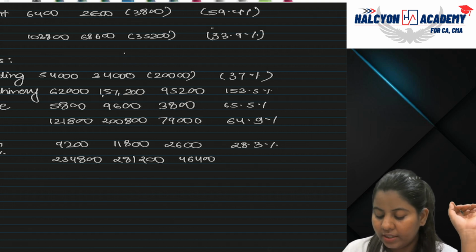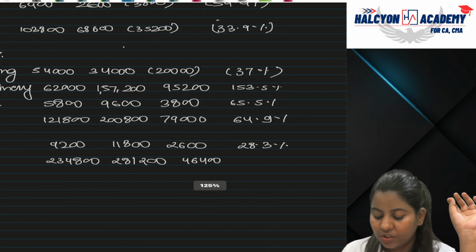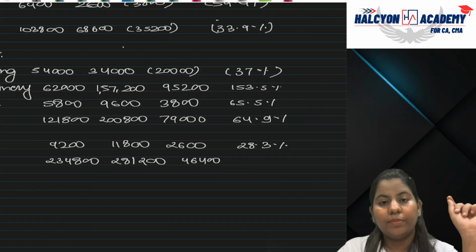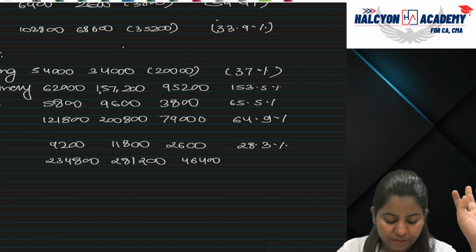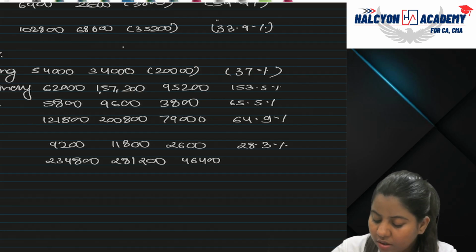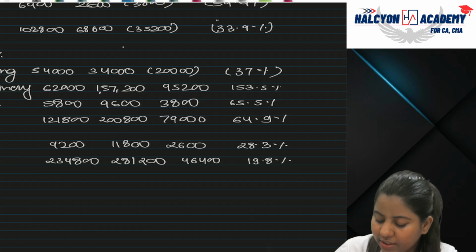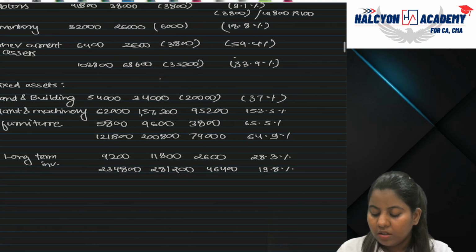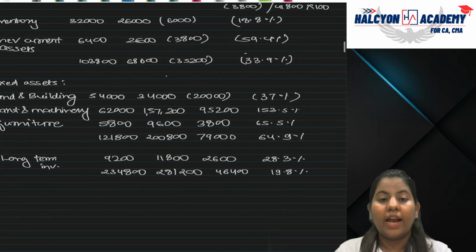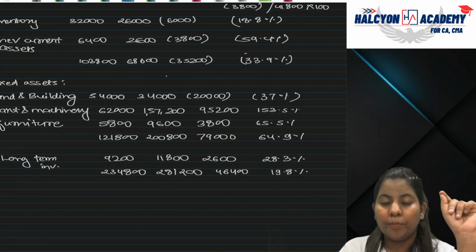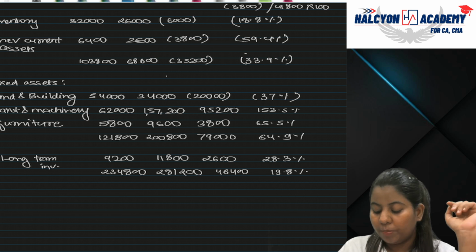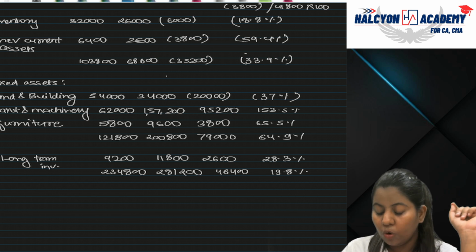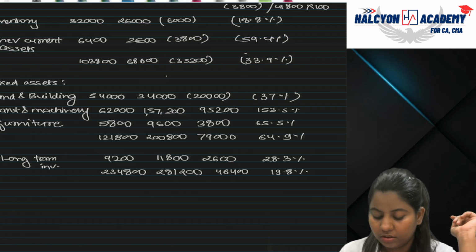And the percentage increase will be 46,400 divided by 2,34,800. It will be rounded off to 19.8%. So there is an increase in total assets by 19.8% compared to previous year.